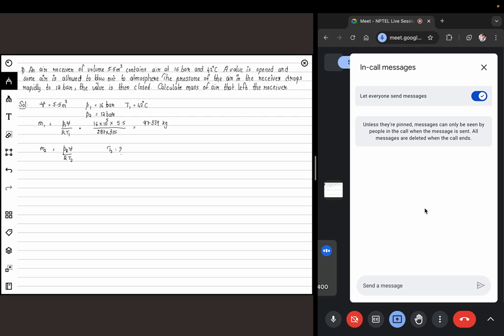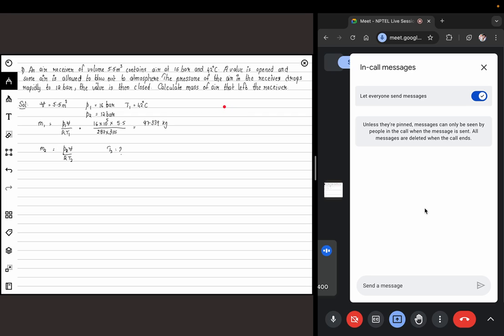So can I use this relation? The answer would be no, because as we have been discussing up until now, this relation is based on the assumption that your mass remains constant. But here you have something where the mass is continuously changing.